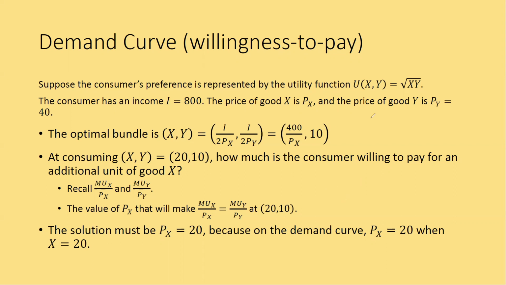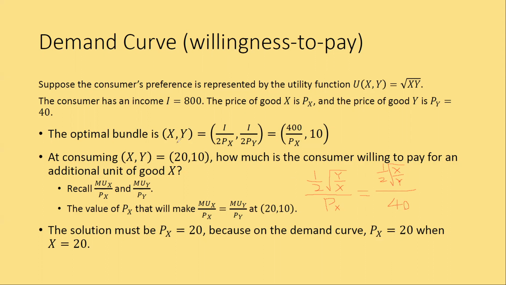So given the utility function, MUx equals half times the square root of y divided by x, divided by Px, equals MUy, which is half times the square root of x divided by y, divided by Py, and Py is 40.